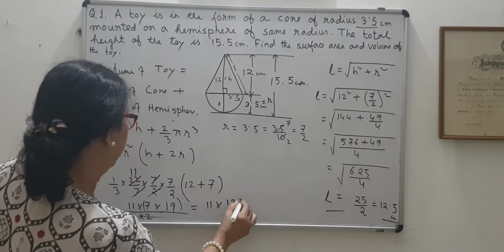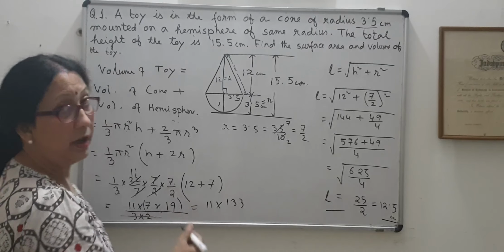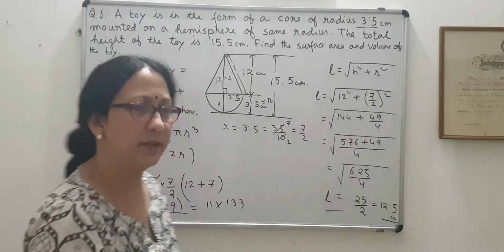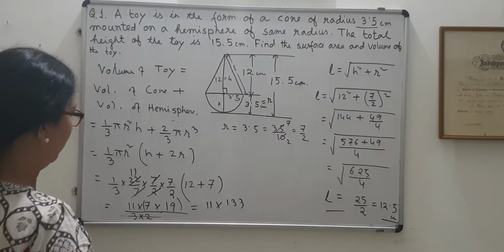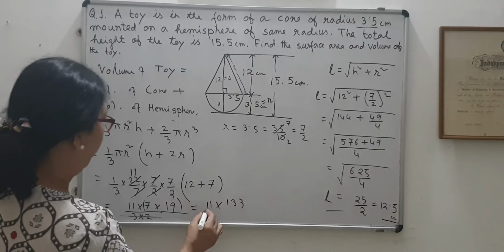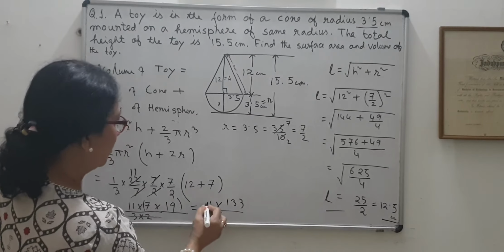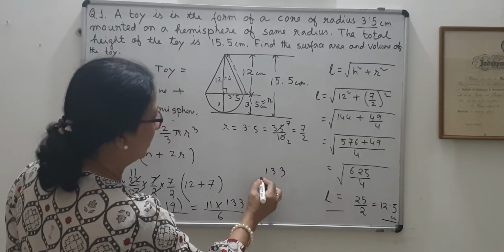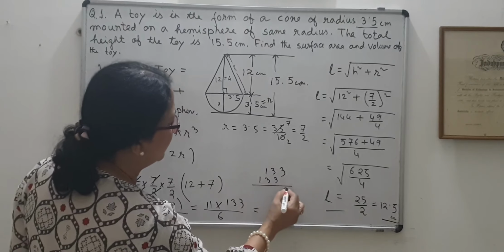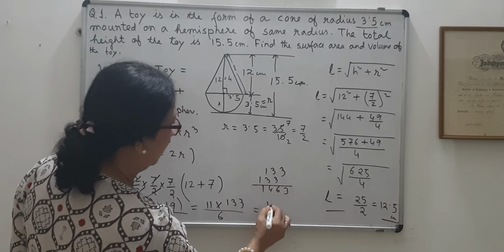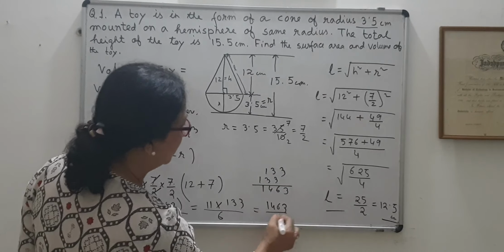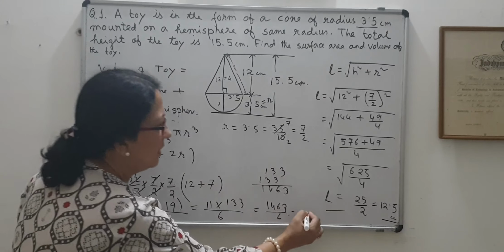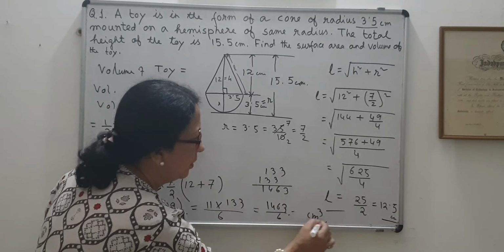You should learn all the tables up to 19, then it will be easier for the calculations. Then 6. So this multiplication will be very easy. 11 into 133, shifting one place, we can very easily get it: 1, 4, 6, 3 and 6. This you can cancel out, and the unit will be centimeter cube.